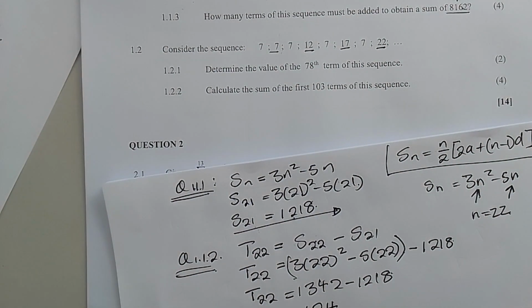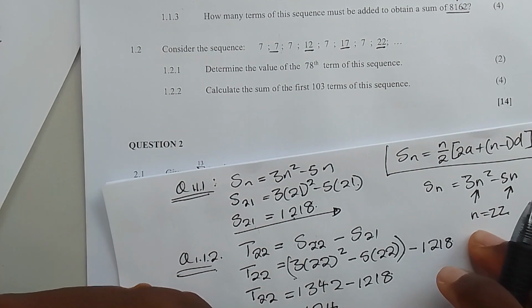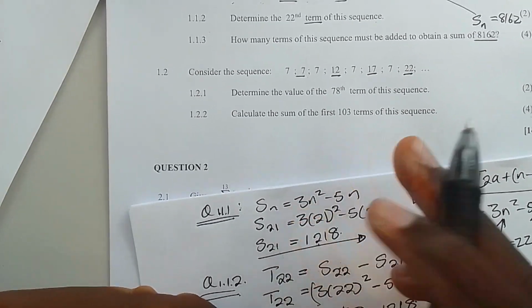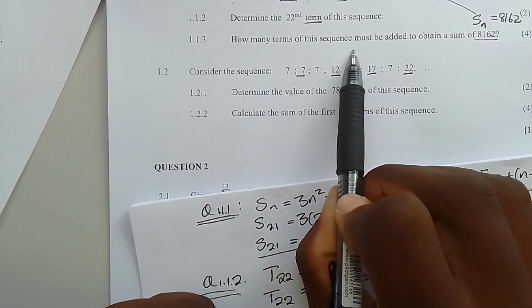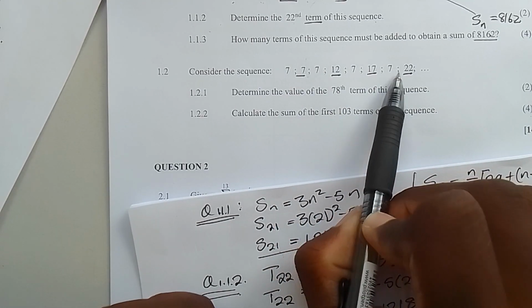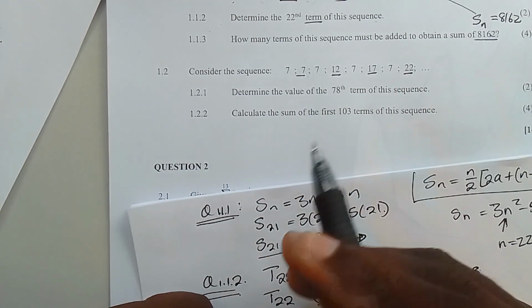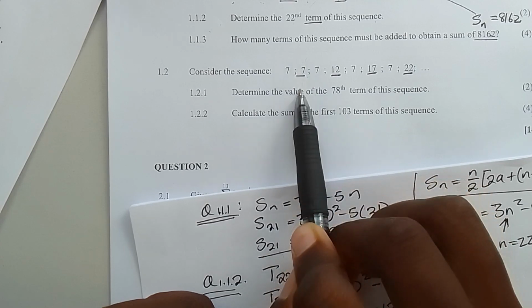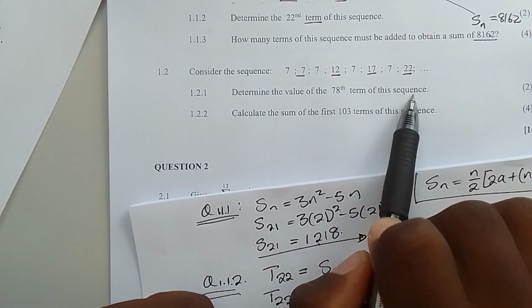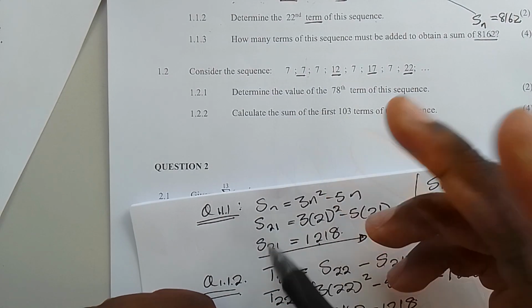So this to me looks like it's two series. One series is just saying 7, 7, 7, 7. That's the first one. That's the simple one because it will always be 7. The second one is 7, 12, 17, 22. That's the second series.